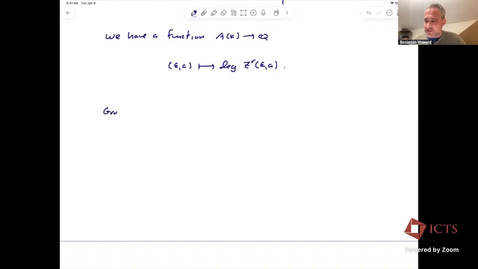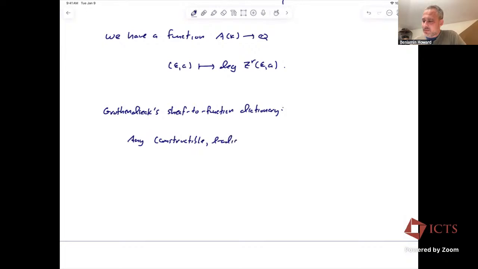So Grothendieck's sheaf to function dictionary says any constructible l-adic sheaf L on our K stack A determines a function on the K points valued in Q_l.